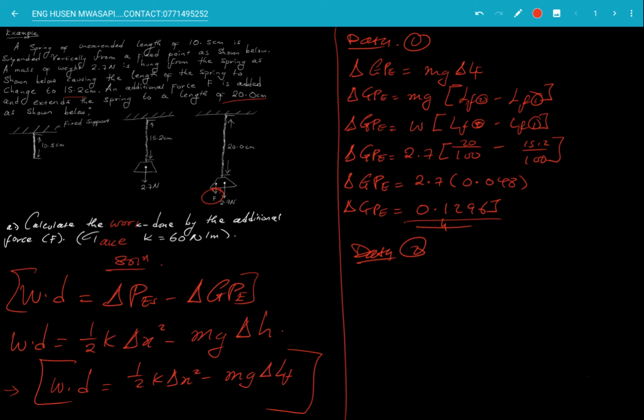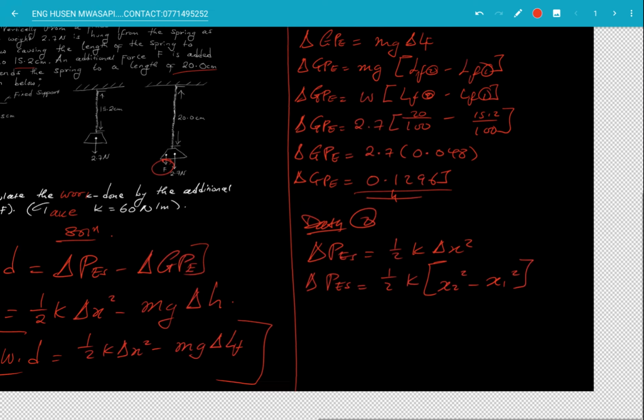Upon finding the change in gravitational potential energy, we need now to find the next data, which is the elastic potential energy. So the change in elastic potential energy of the spring is half K change in x squared, which is half K, then extension 2 squared minus extension 1 squared.